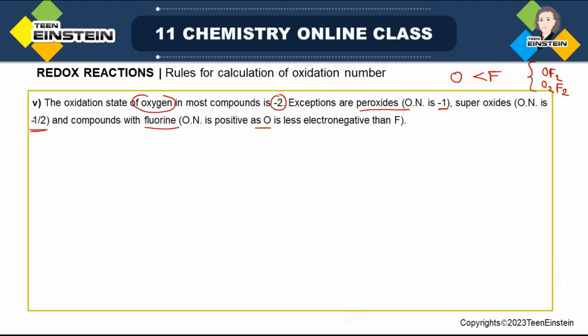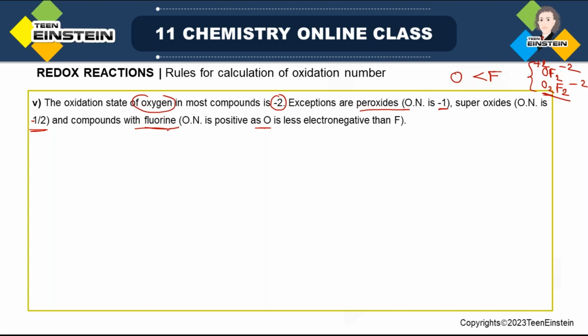So it is -1 for 2 fluorine. That means the overall total negative charge is -2. So oxygen will have charge +2. Similarly, when it is O2F2, then also -2 is the overall negative charge. So the overall positive charge is +2, but it will be distributed over 2 oxygen. So this is the third case, when you have a compound between oxygen and fluorine. What about peroxide and superoxide?